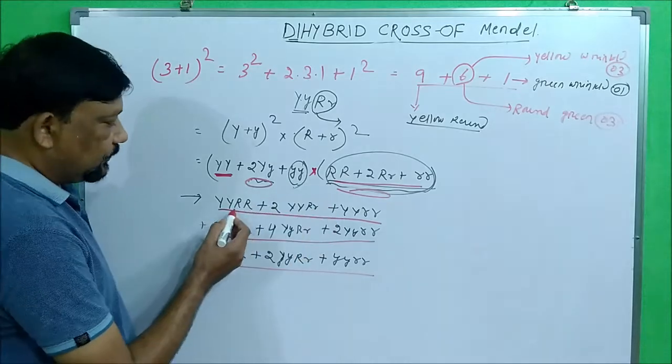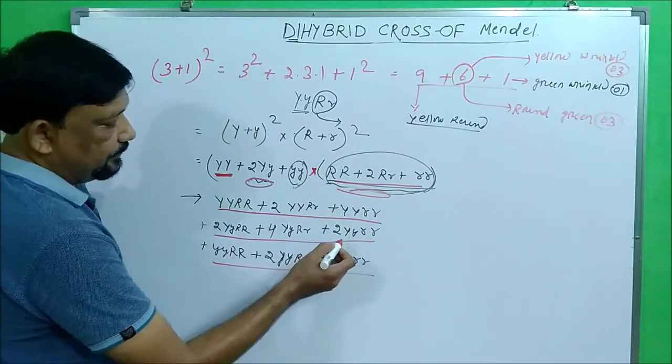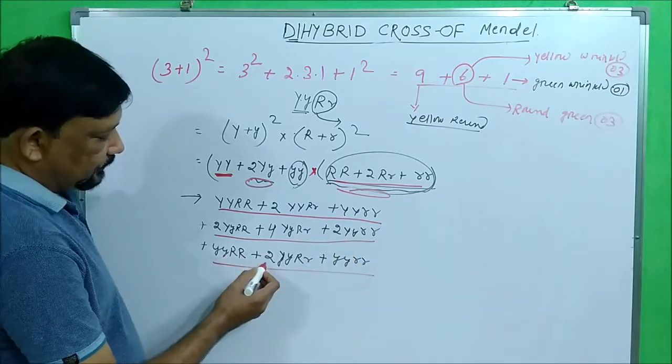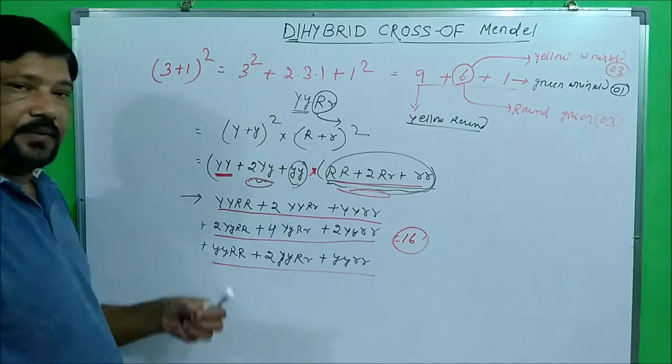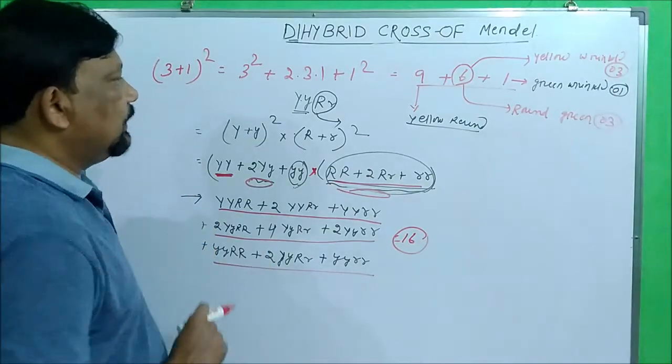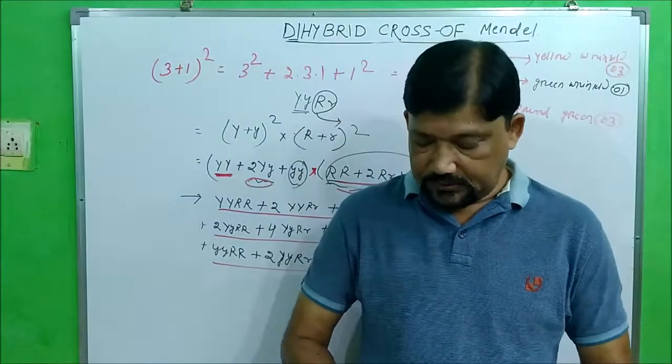Now you count it: 1 plus 2, 3 plus 1, 4, 5, 6 plus 4, 10 plus 2, 12, 13, 14, 15 and 16. Right? So this is the mathematical proof for Mendel's dihybrid cross.